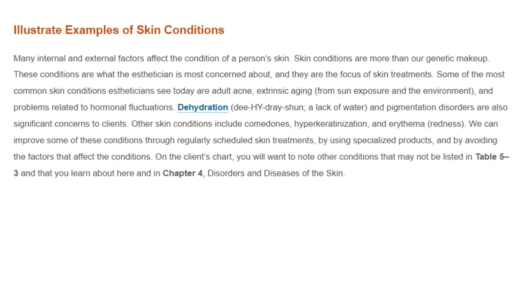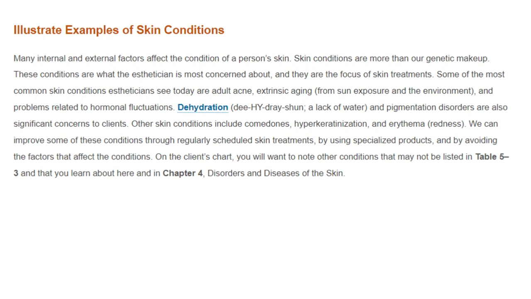Some of the most common skin conditions estheticians see today are adult acne, extrinsic aging from sun exposure in the environment, and problems related to hormonal fluctuations. Dehydration and pigmentation disorders are also significant concerns to clients. Other skin conditions include comedones, hyperkeratinization, and erythema, redness.